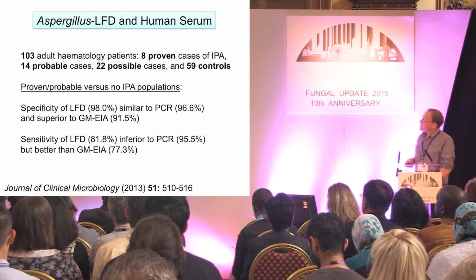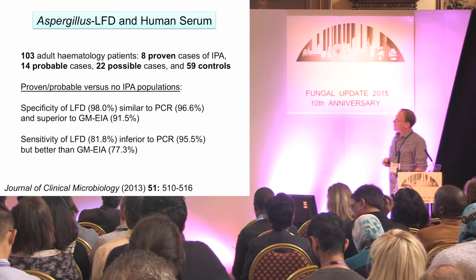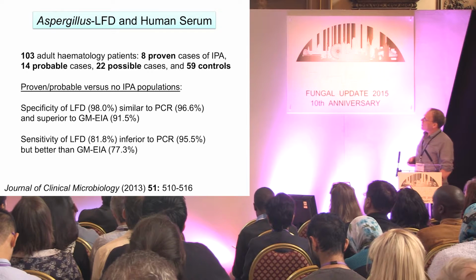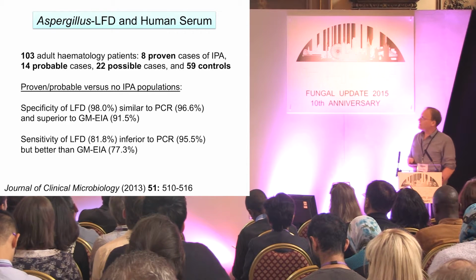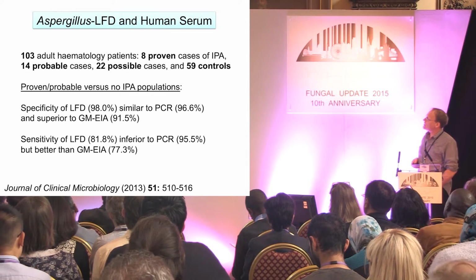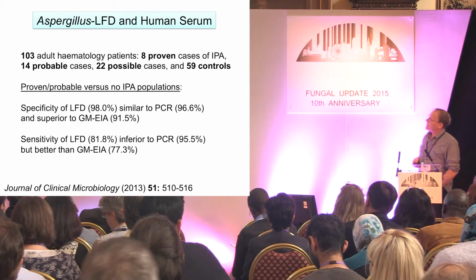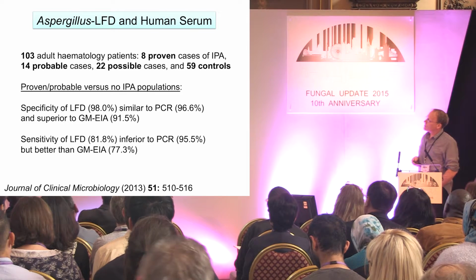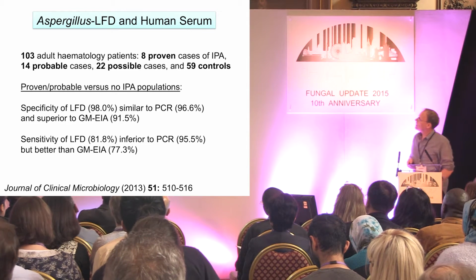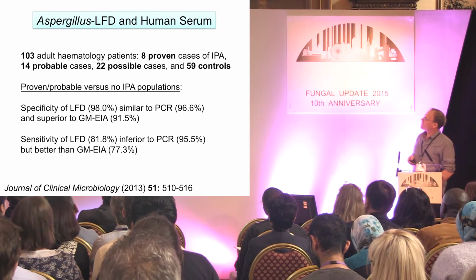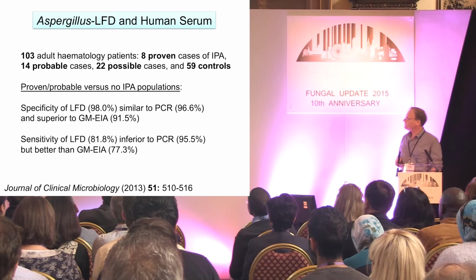So in terms of serum, really the most comprehensive trial we've done is with Rosemary and Lewis White in Cardiff, comparing galactomannan, PCR and the lateral flow device in 103 haematology patients, 8 proven IPA, the rest probable, possible, or no infection.